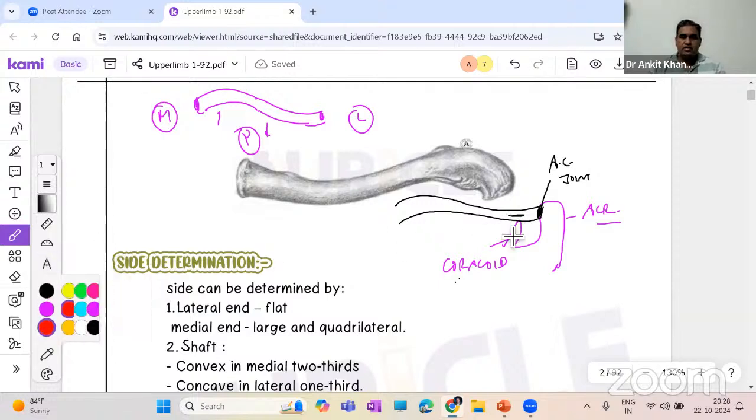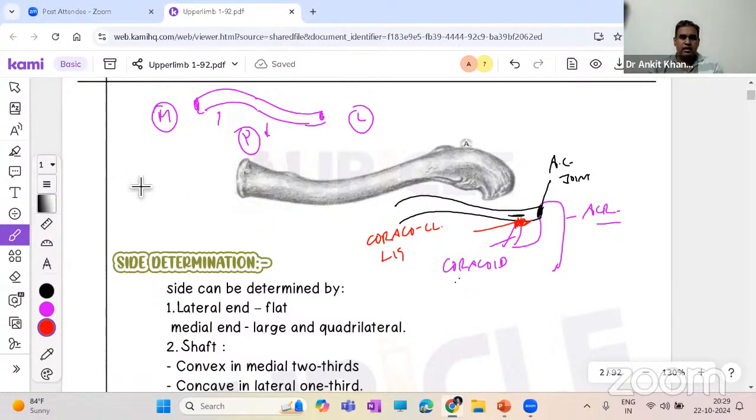So what actually happens is that from coracoid to clavicle, we have these ligaments which attach the coracoid process to the clavicle. These are known as the coracoclavicular ligament, and therefore they impart some tubercles over here, and those tubercles are known as the conoid tubercle and trapezoid ridge.